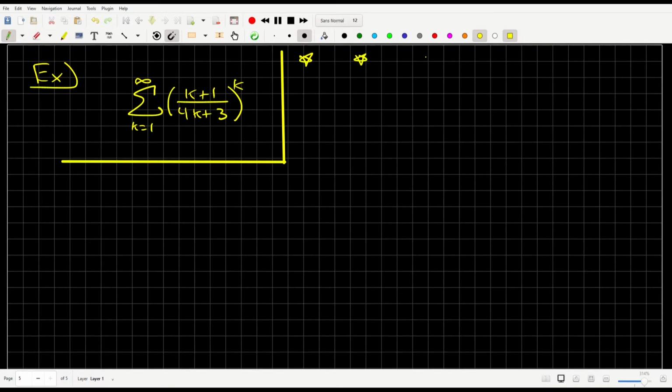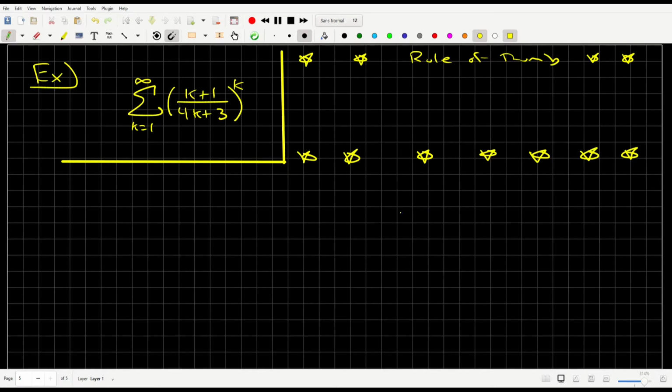And as always, we'll start off by trying to use a rule of thumb to get an idea of whether or not it's going to converge.